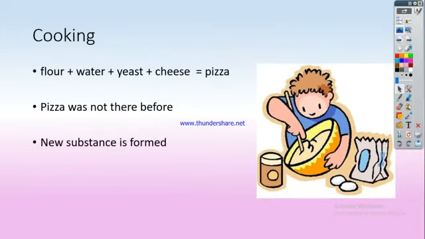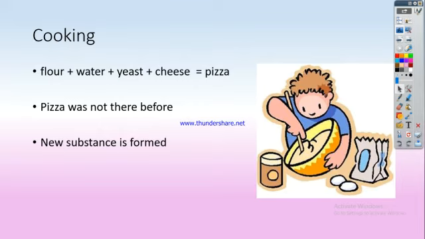The third example we have is cooking. For example, if I want to make pizza, we will bring some ingredients like flour, water, yeast, and cheese. I will mix them together to make a pizza. Pizza wasn't there before, so a new substance is formed, and I can't return back.